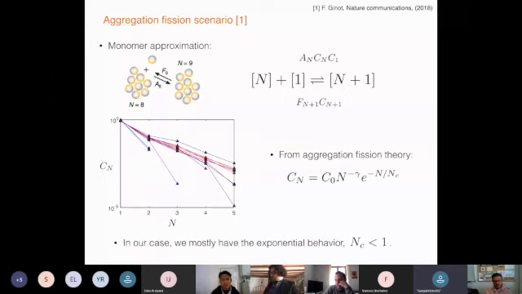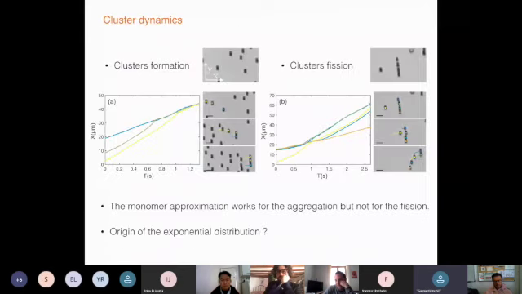And so here in our distribution, we mainly see the exponential decrease, and basically the power law we don't see. So we mostly have the exponential behavior. And this could be due to the fact that, for example, if we look at the cluster dynamics, here in the video you can see the formation of a bound state of size 3.